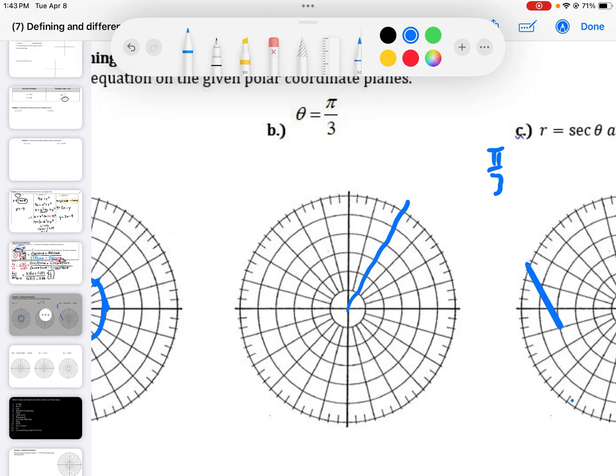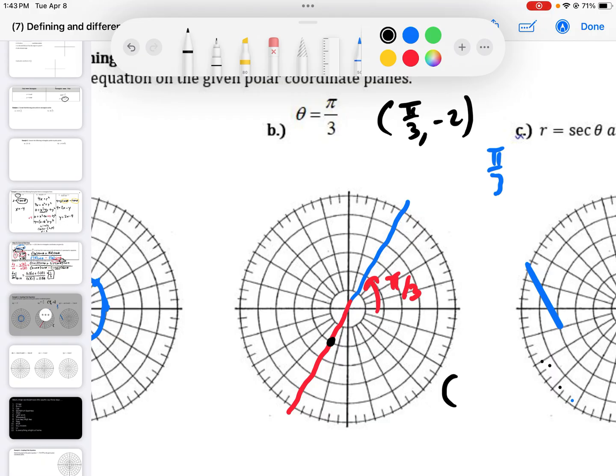That would just be this line segment here where I've got positive radiuses. This part over here represents a theta of pi over 3 with a negative radius. So this would be the point, like this one right here, that has radius -2, but the theta is pi over 3.